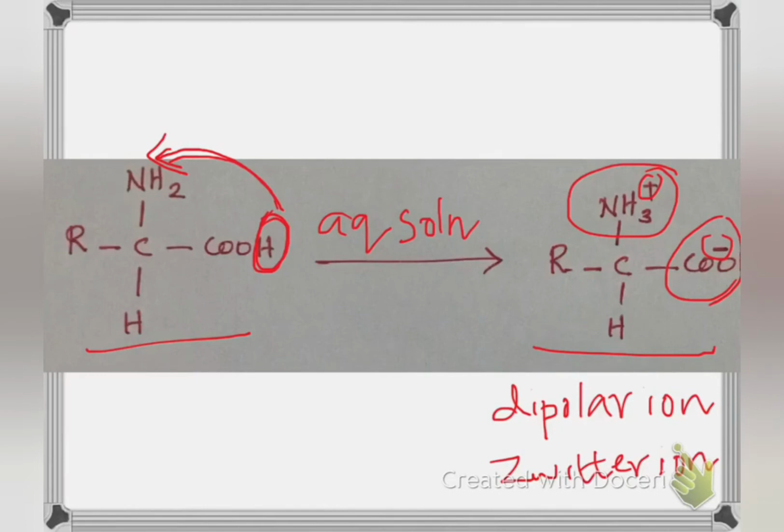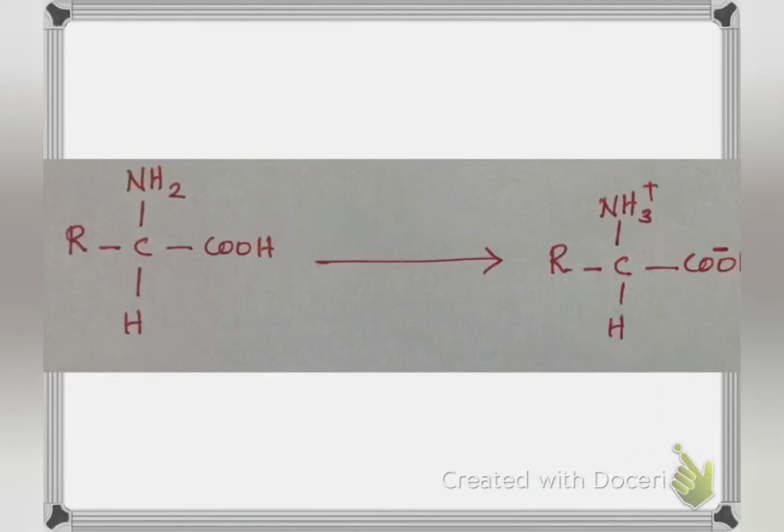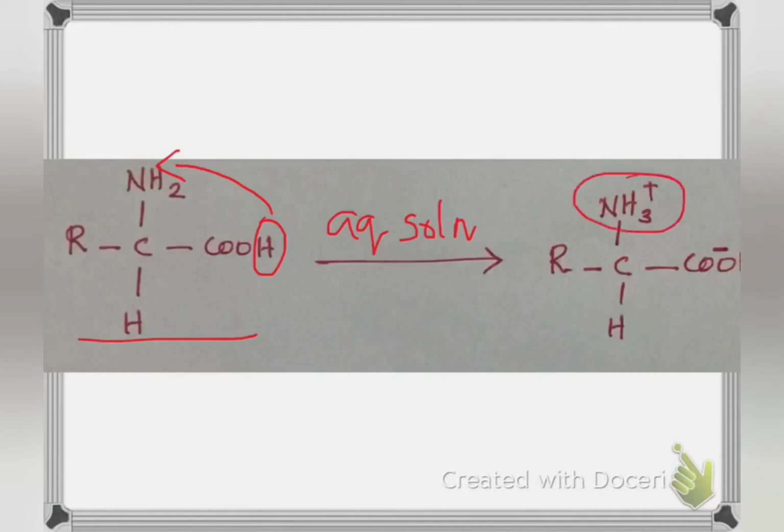I will explain once more. When an amino acid is dissolved in aqueous solution or water, the hydrogen of the carboxyl group is shifted to the amino group of this amino acid. So the NH2 becomes NH3 plus.